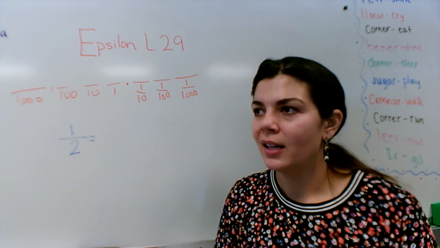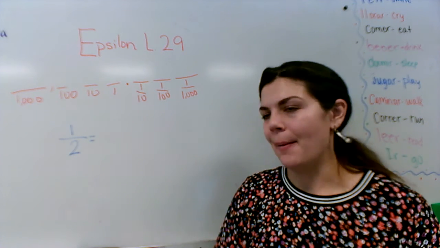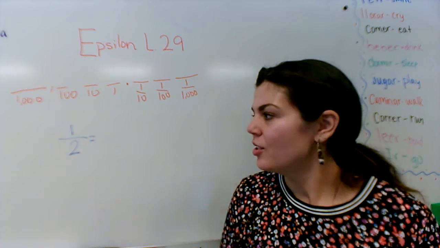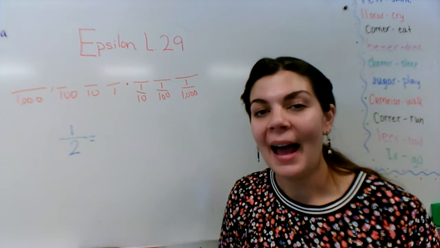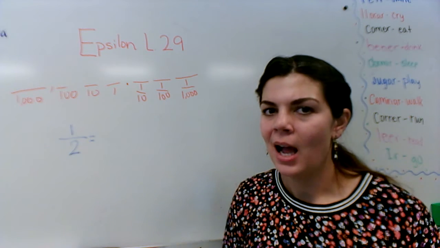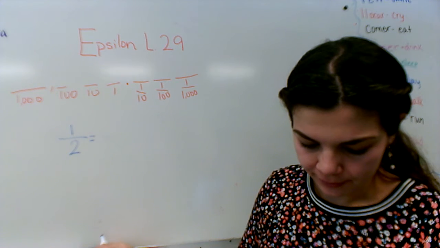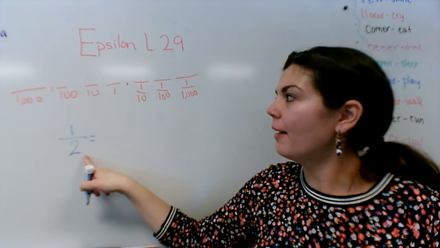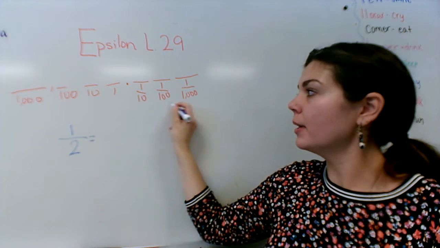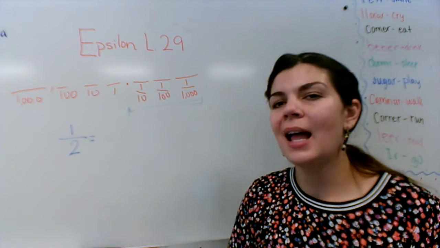Chasing the rabbit. Okay, it's got to be out of 10. So if I have the fraction of half, I have half, and half is less than 1, so it's going to be in this section because it's less than 1.